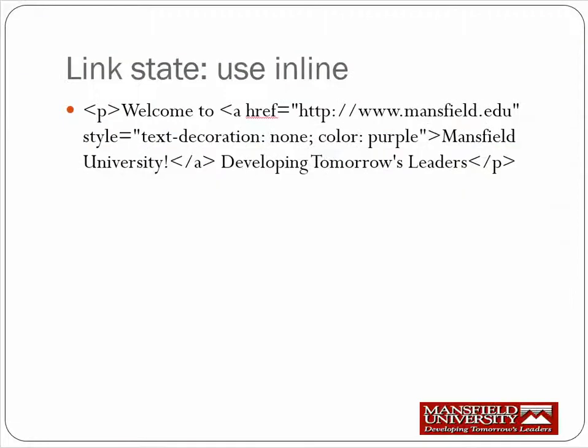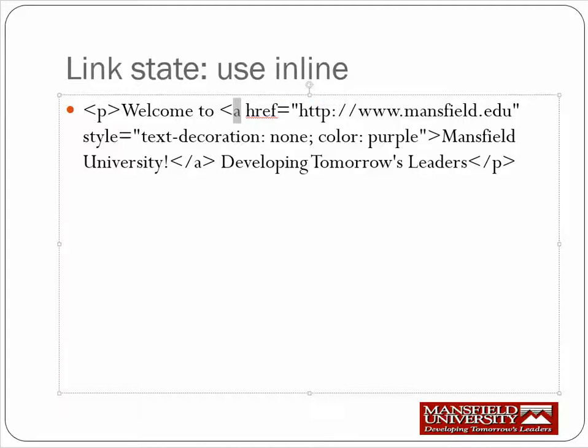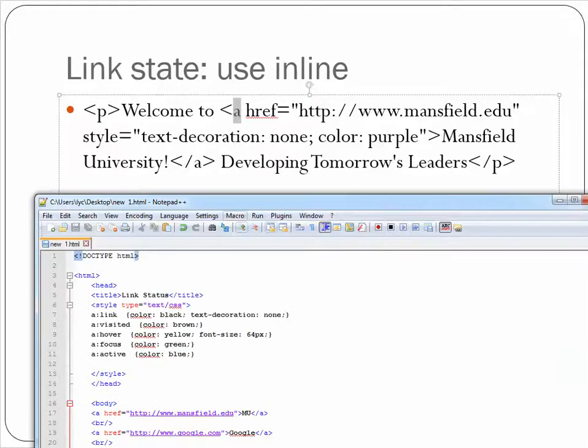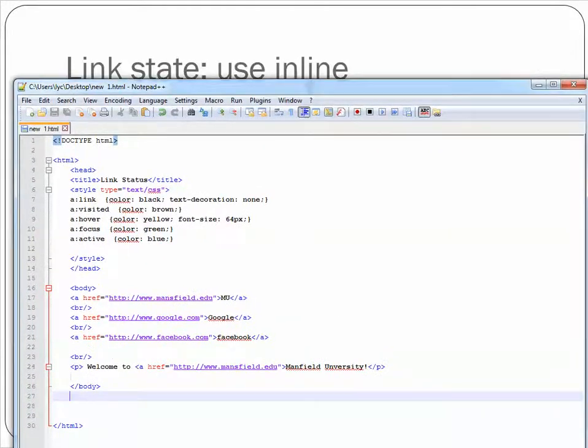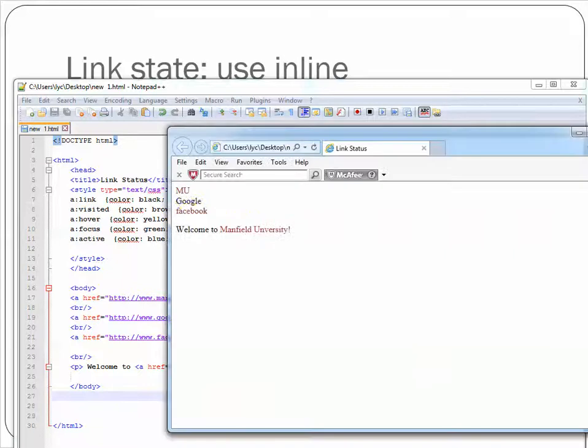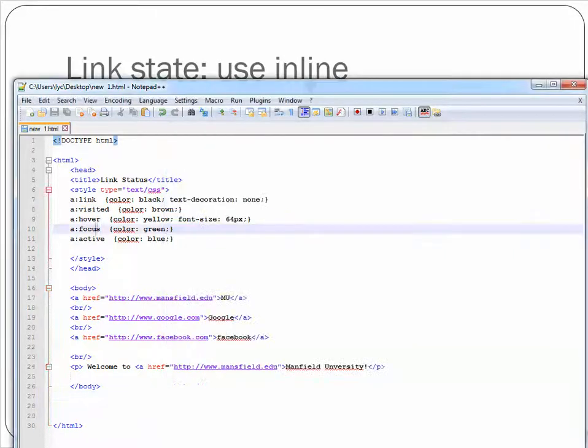At the same time, we also can control the decoration and the color for this specific anchor. How to do that? For example, in this example, we have multiple links. Let's say we use the default. Default is underline.